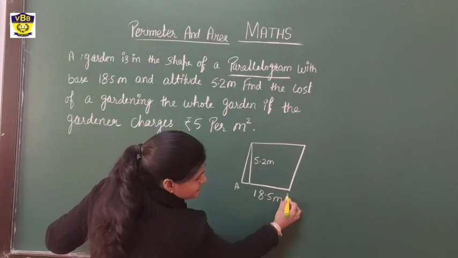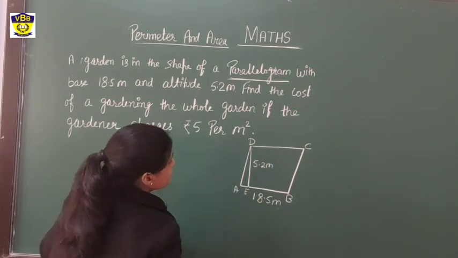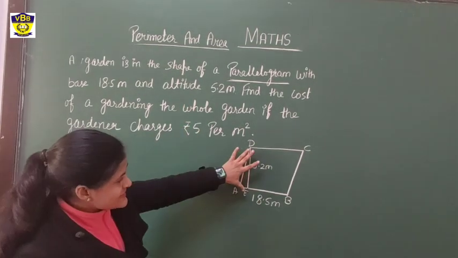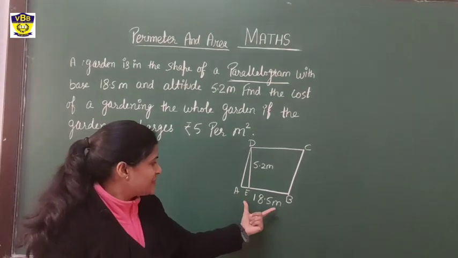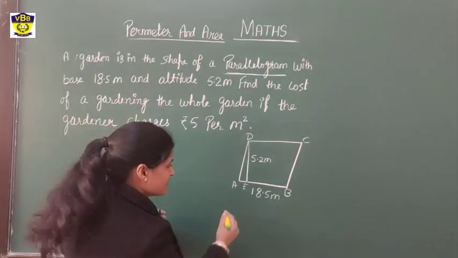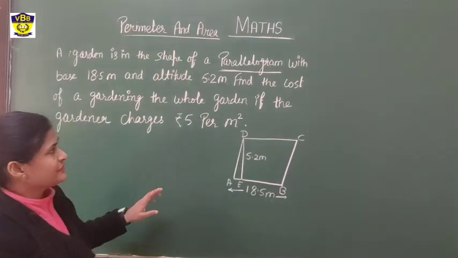If I am marking the names, it is A, B, C, D, and E. DE is the altitude, that is the height. It is equal to 5.2 meter, and the base AB is 18.5 meter.